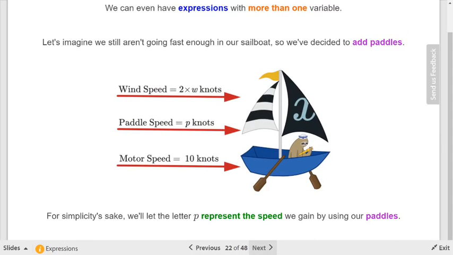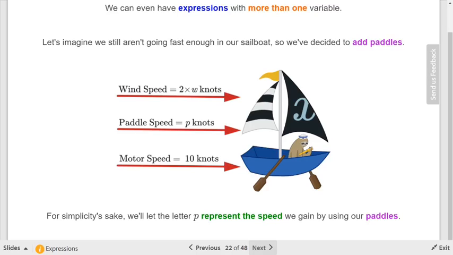Excellent. So here you go. This time, we're going to add some more unknowns. We're going to start paddling this boat as well. So now we have the motor, which goes at a constant speed of 10. The wind, which we're going to double because we've got 2 sails. And the paddles. If you're paddling a boat, do you go at a constant speed the whole time?